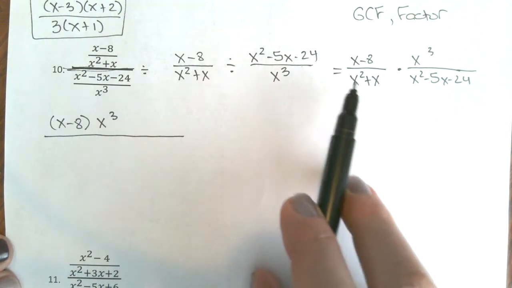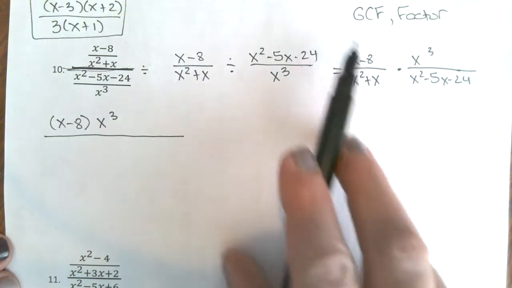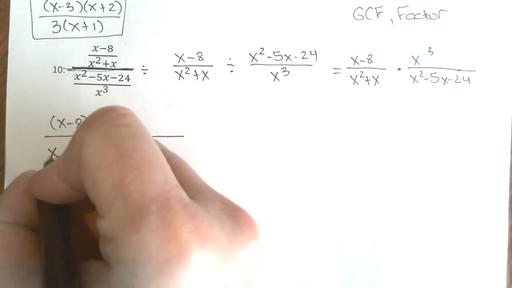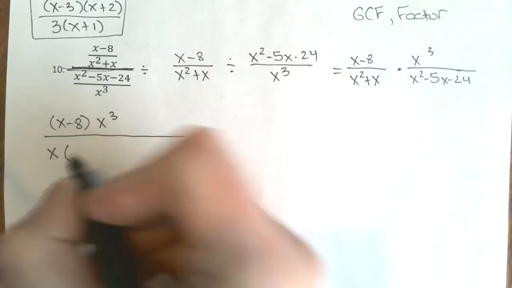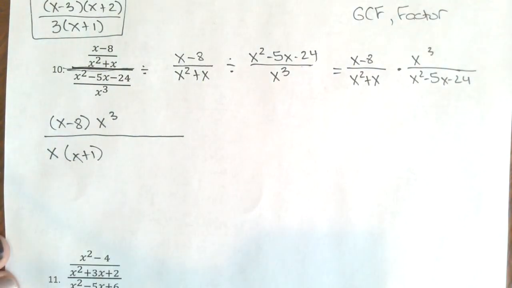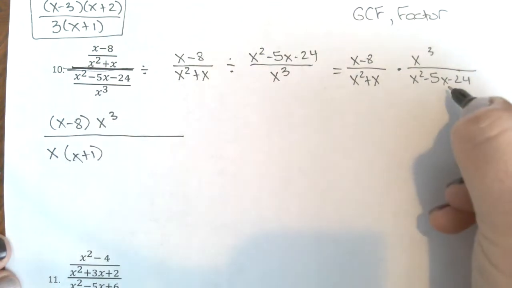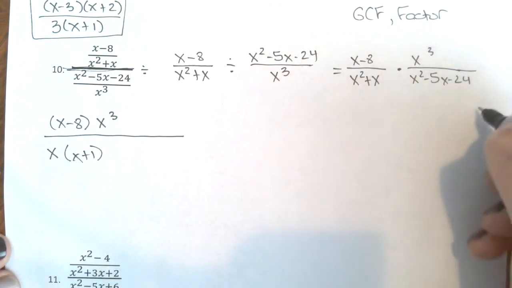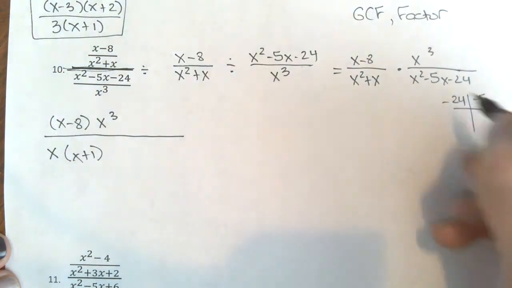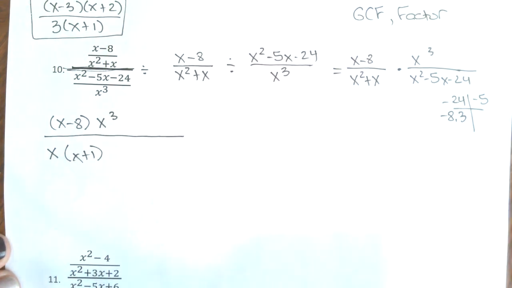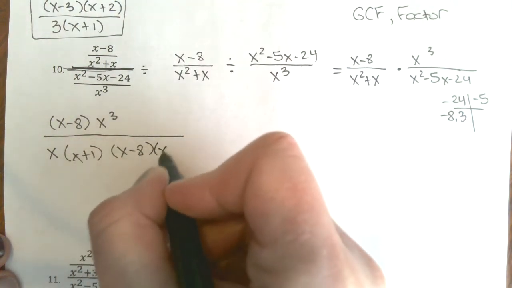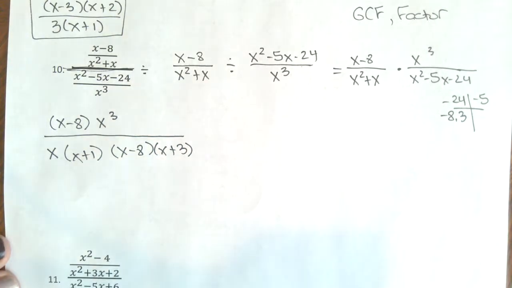This denominator, I have an x squared plus x. There is a GCF. They each have an x in common. So I'm going to have to factor that out. And when I do, I get an x plus 1. This last trinomial, I need factors of -24 that add to -5, which are -8 and 3. So this factors as x minus 8 and x plus 3.